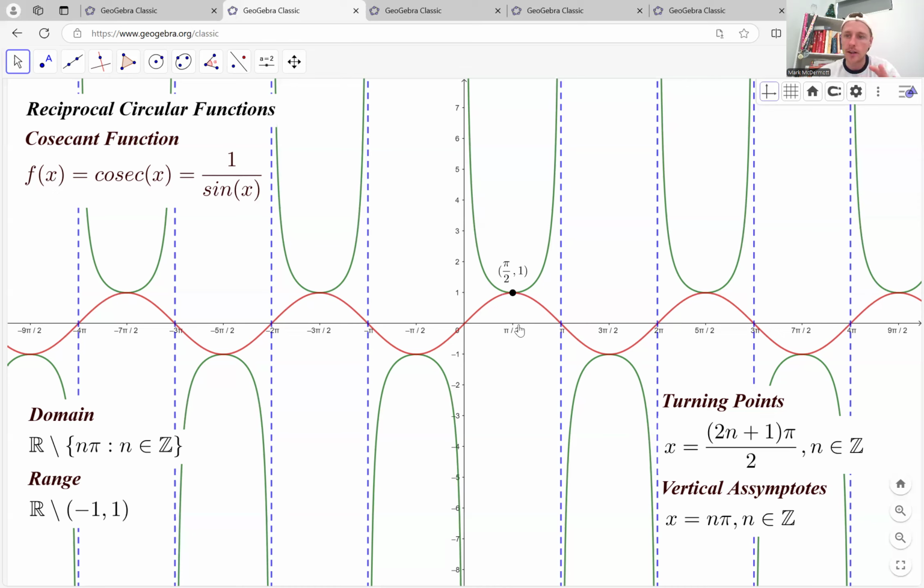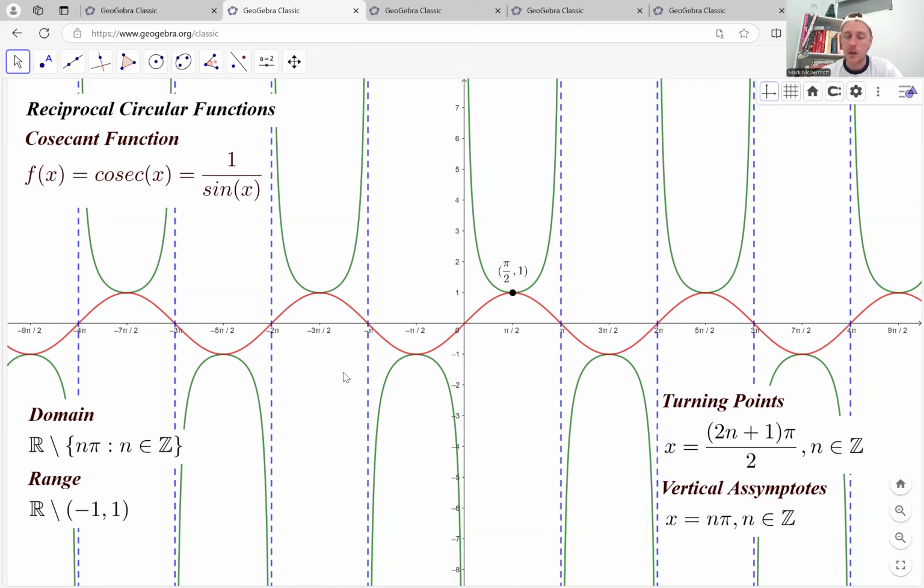As sine of some value goes to zero, for example, we know that sine of pi is zero, so 1 over something that's going close to zero is going to get very large. So for the cosecant function, we get vertical asymptotes wherever sine goes to zero. And sine goes to zero at integer multiples of pi.